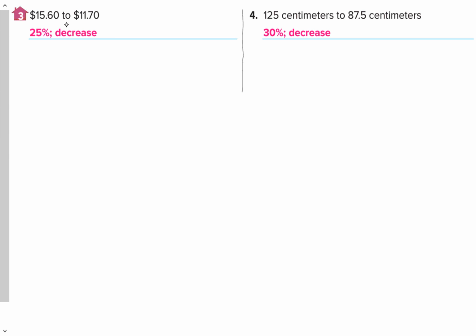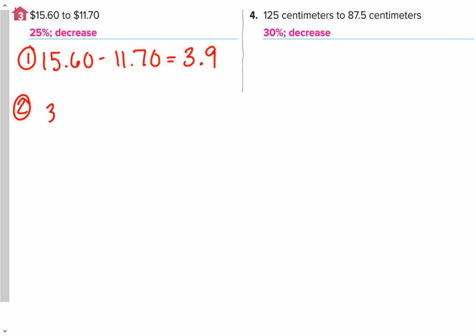Number 3, 1560 to 1170. So let's go ahead and subtract the two. So 1560 minus 1170, and that equals 390 or $390. We're going to take that 390, put it over the original amount, and that is over 1560.